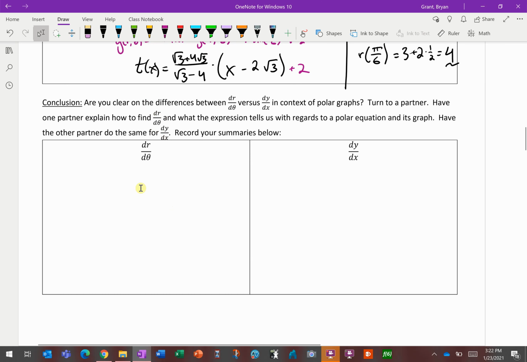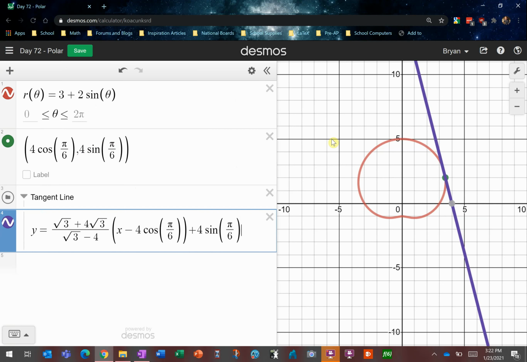All right, we're back. Dr d theta is pretty easily found. You just take the derivative with respect to theta of each side of the equation. We saw that on the opener for today. It's measuring how fast the radius is changing as theta changes. Looking at the graph over here, this was a radius of 4. Notice on the y-axis, this is a radius of 5.